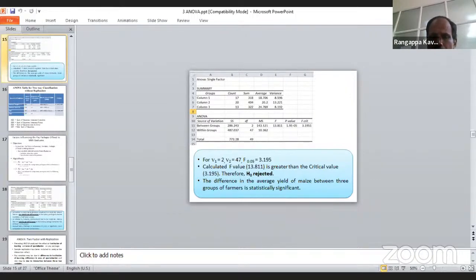Partially adapters, it is 20.2 quintals. And the fully adapters group, it was 24.769 quintals. So this difference is statistically significant. We could conclude that this integrated nutrient management technology has a real, significant influence on the crop yield. So this is about that.